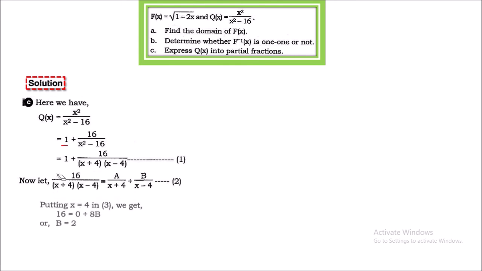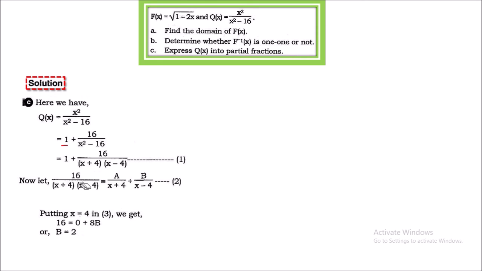If you don't understand, just write it this way. I'm just going to break it. The 1 plus just remains like this. So this 16 by x plus 4 into x minus 4, I am going to write as a by x plus 4 plus b by x minus 4.